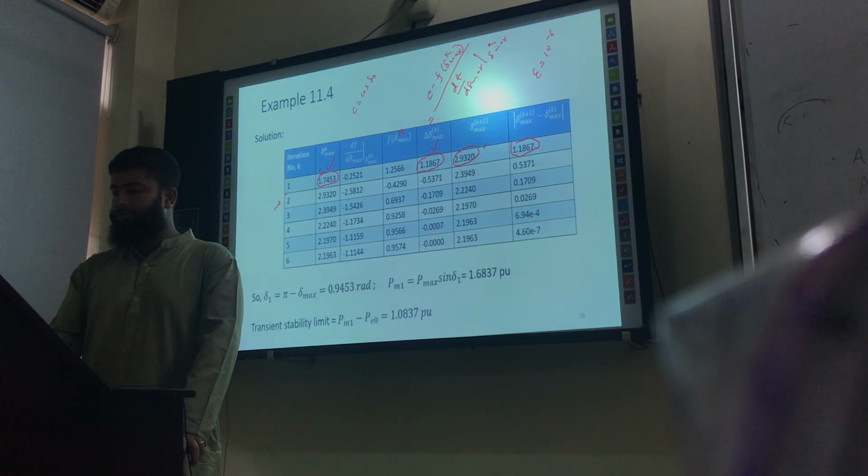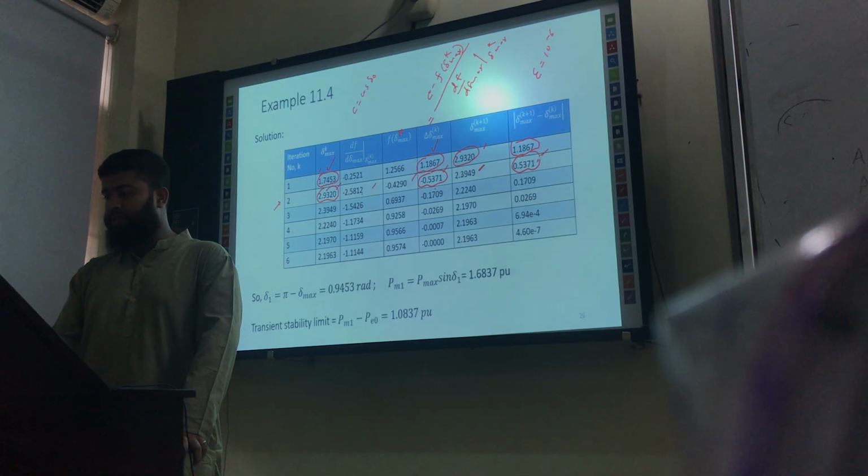So in the next iteration, this is our delta max at k, right? Then with this value again we calculate this thing. Then also we will calculate this. Then addition of these two will give you this, right? Now this minus this will give you this thing. So you are getting this delta. That is okay. Same thing because this minus this. So you can see that the difference is getting less, right?